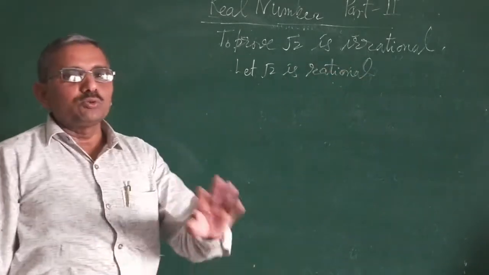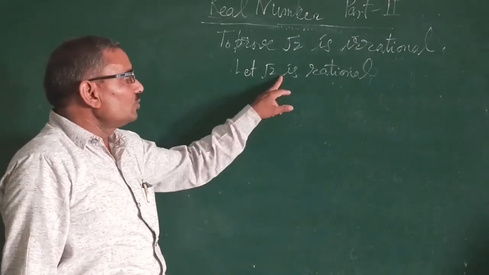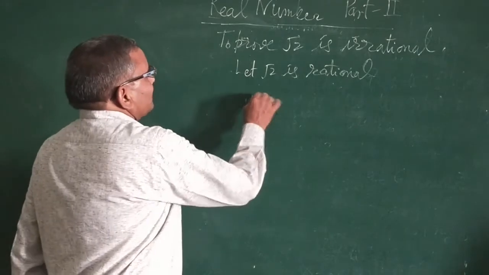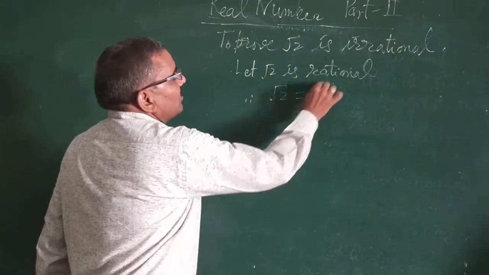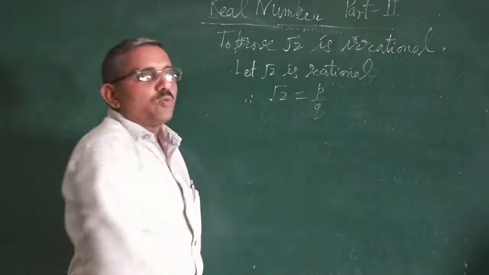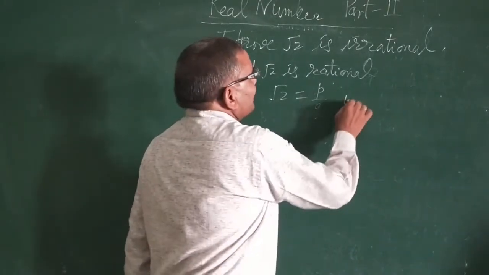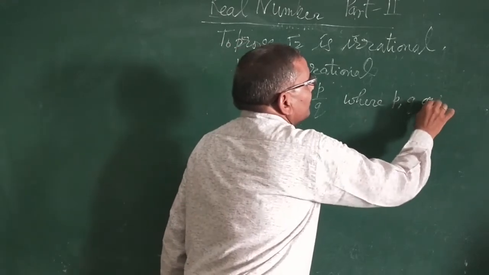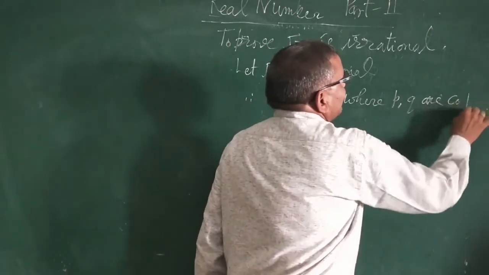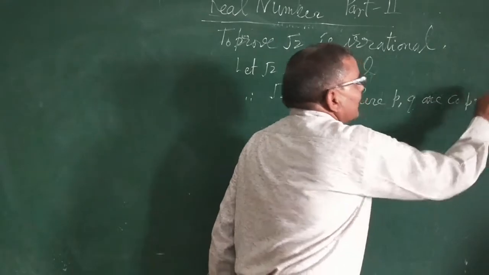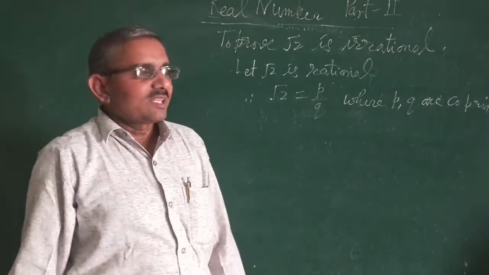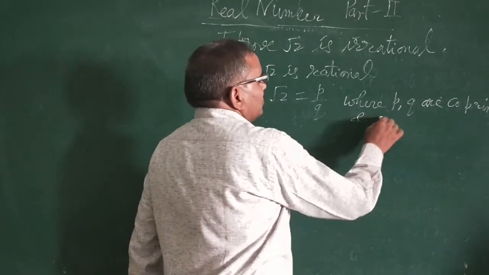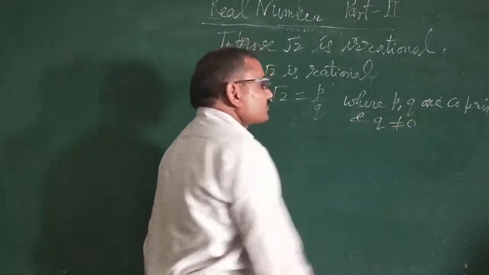Therefore, under root 2 can be written in the form of p by q, where p and q are co-prime, that is, p and q have no common factor and q is not equal to 0.